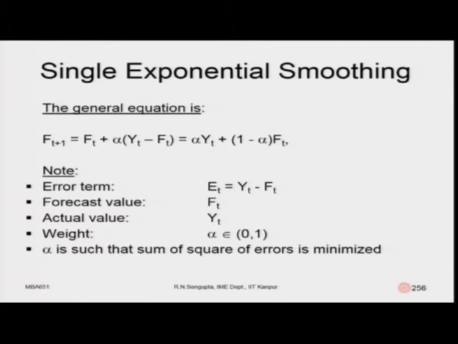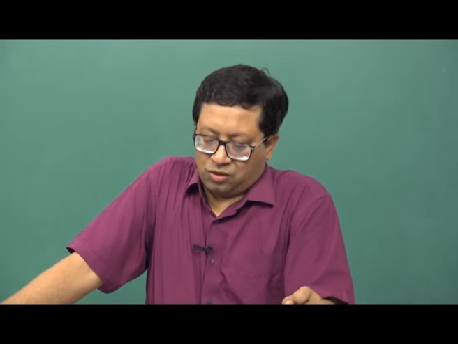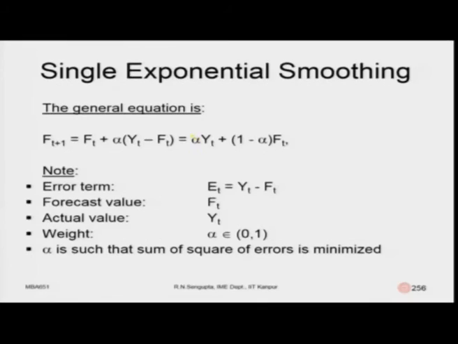That means you are giving weights accordingly to the actual value, which is y t, and the predicted value, which is f t. In that case, you are giving a weight of alpha to the actual value for time period t, and 1 minus alpha, because the sum of the weights is equal to 1, to the predicted value 1 period past.